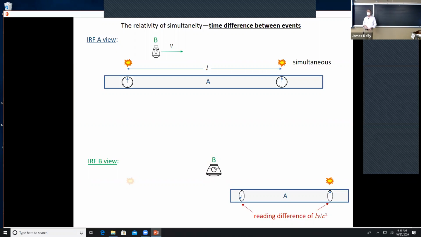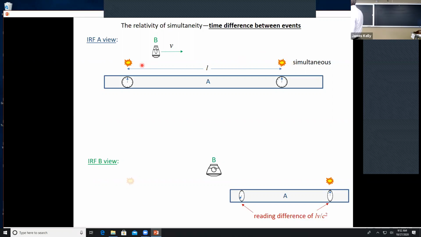So this is going to be phrased in terms of, if you have two events that are simultaneous in one IRF, and they're separated by a distance L, that's the proper distance, then in another IRF that's moving at speed v along the line connecting them, how long do we have to wait between the one that happens first and the one that happens later? What's the time separation between the two? And the answer is pretty easy to figure out, right? If we know the clock reading difference, so I'm showing down here in B's point of view, here's two simultaneous events.